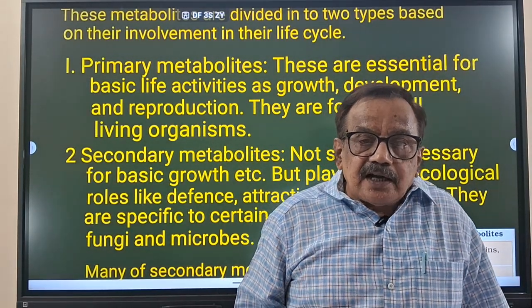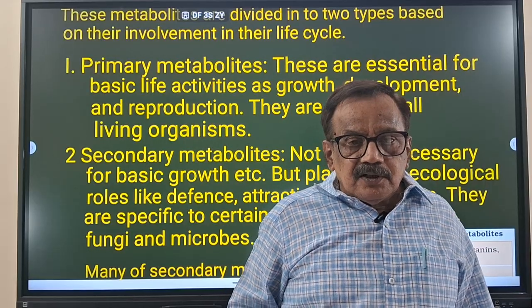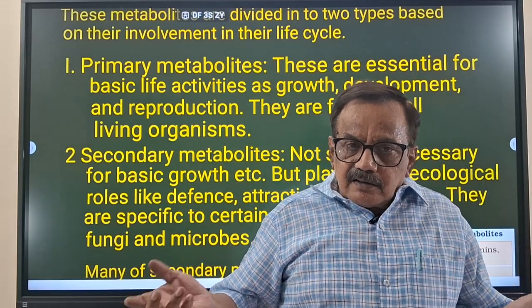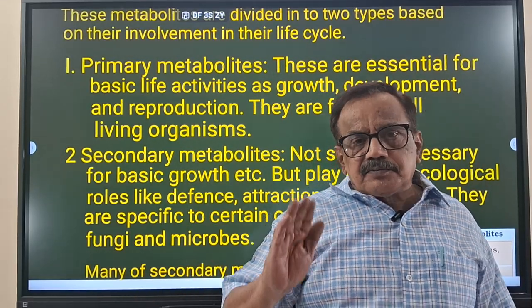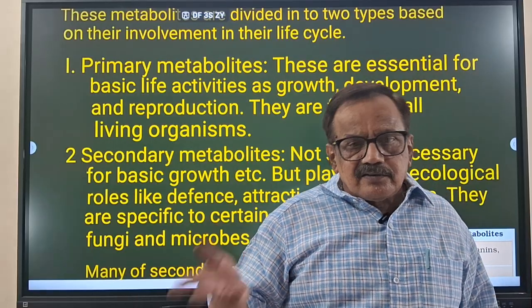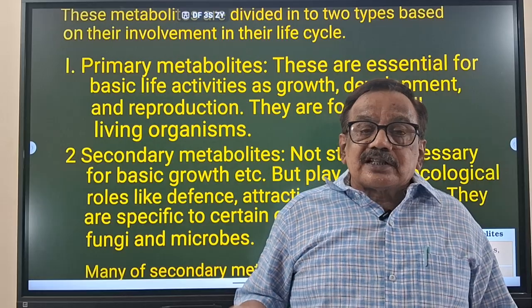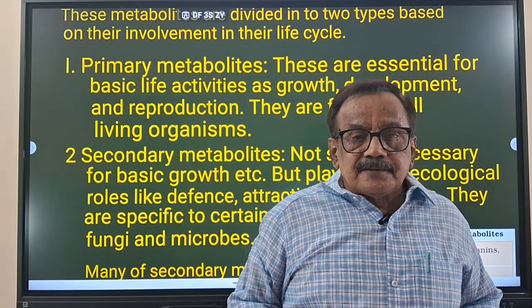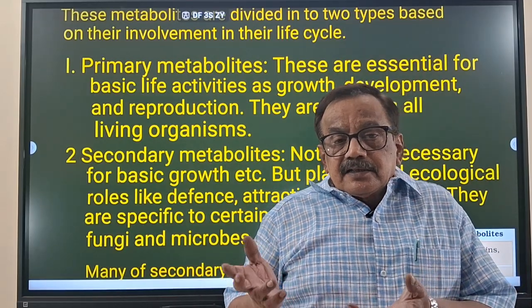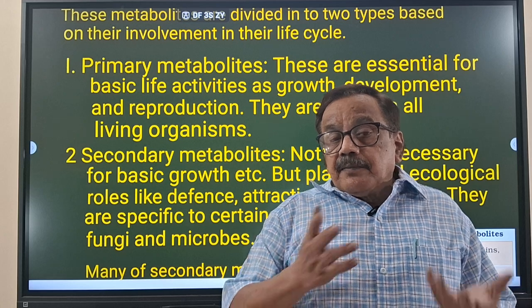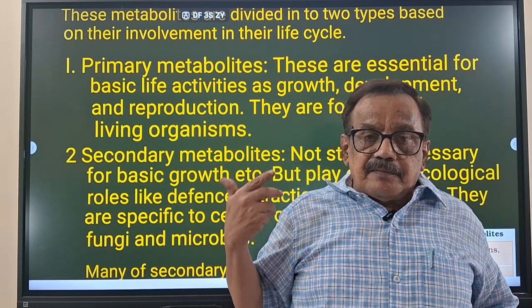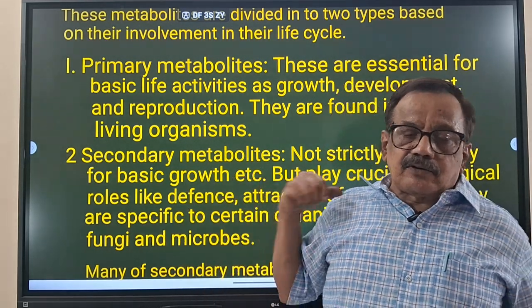Excretory product means a byproduct. When a chemical reaction is going on, as all of you know, a byproduct which is not necessary will also come. Sometimes it may be toxic also. Such byproducts are present in plants, in fungi, and in microbes.